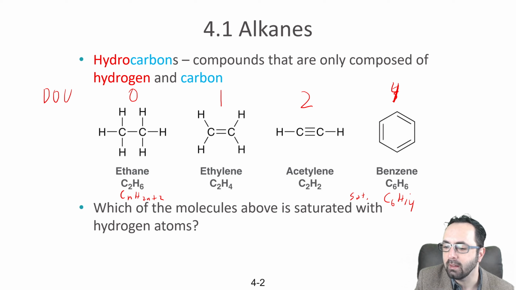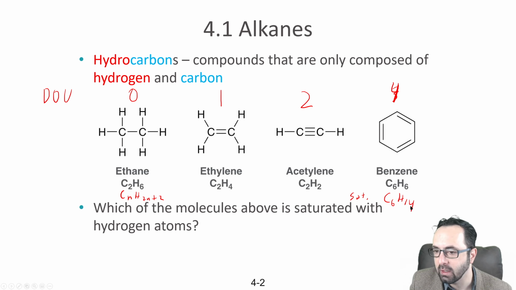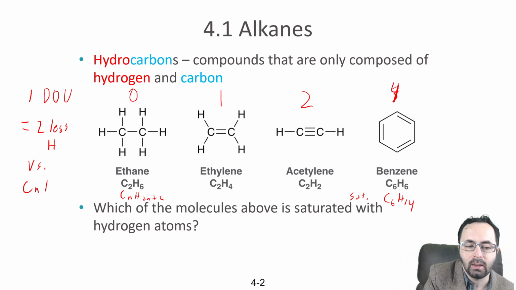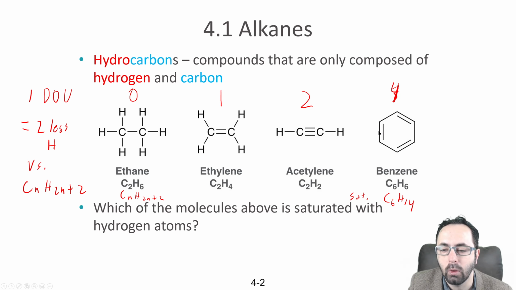However, benzene is missing, relative to the saturated hydrocarbon, 8 hydrogens, 2 for each degree of unsaturation. So 1 DOU equals 2 fewer hydrogens compared to CnH2n+2, which is a saturated hydrocarbon with no rings.